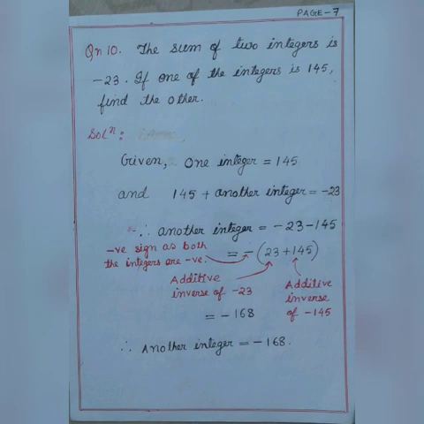So minus 23 minus 145, both the numbers are having negative sign before them. So what we have to do, we have to put a minus sign before the sum of 23 and 145. So it is to be minus 168. Therefore, the other number is minus 168.